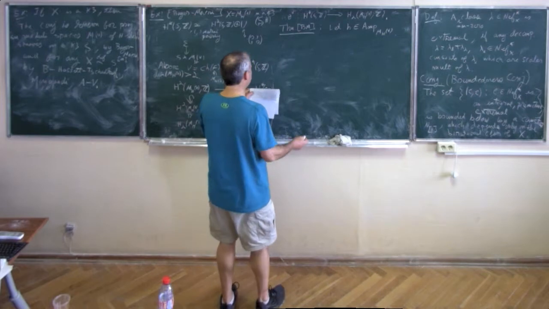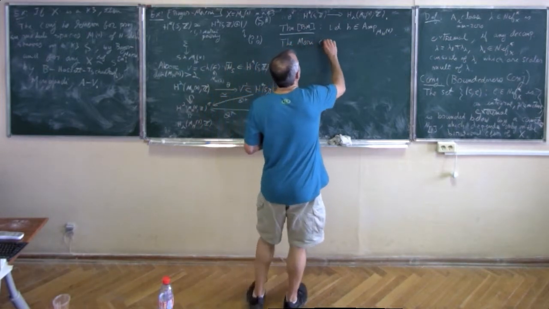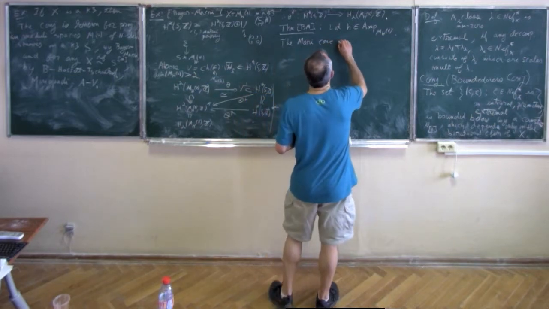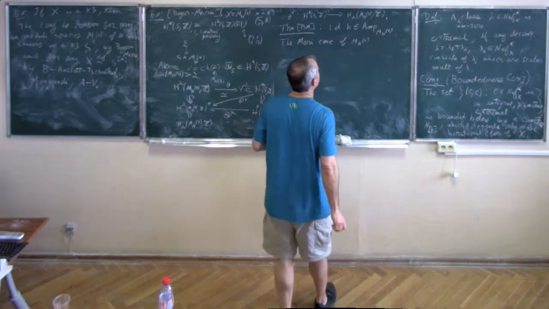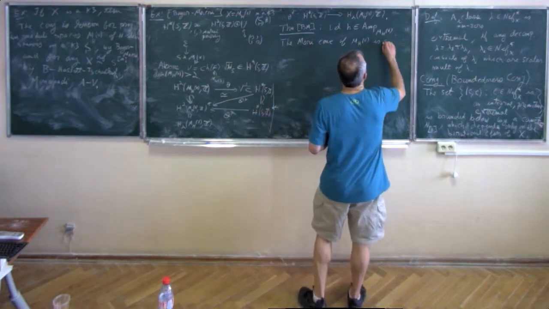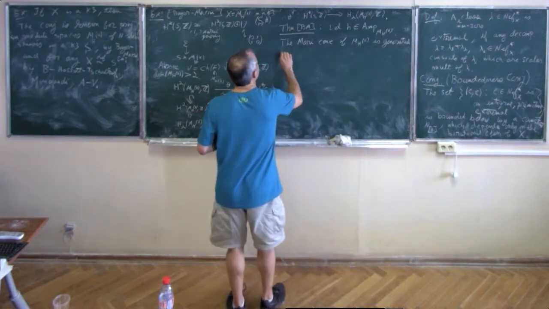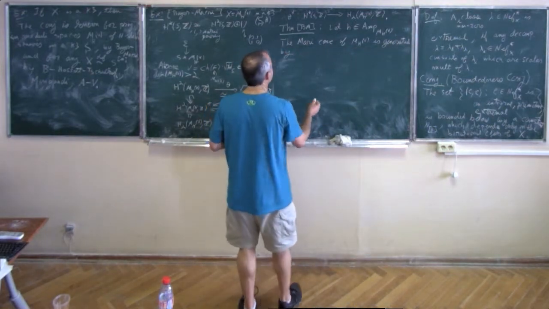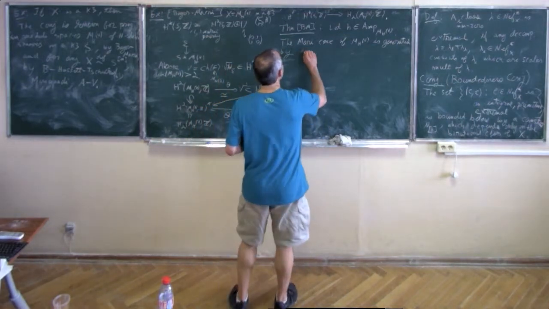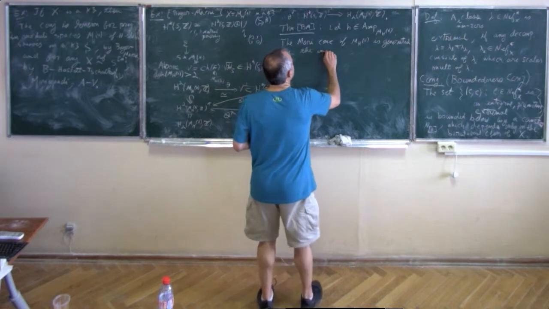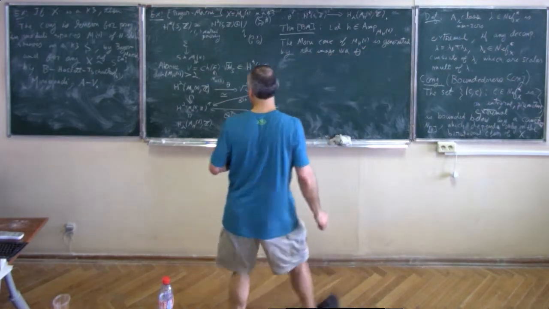And so the Mori cone of M_H is generated by the following set, by the image via... Maybe I want to say something just a second.